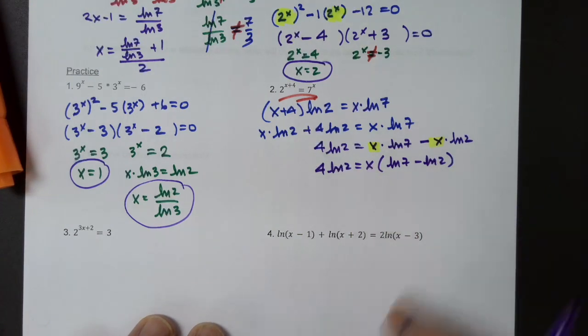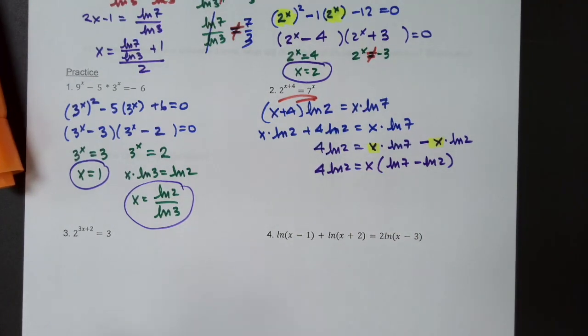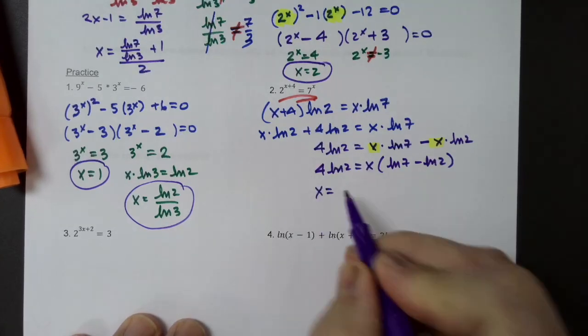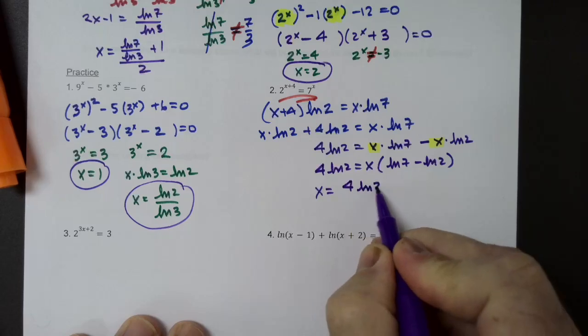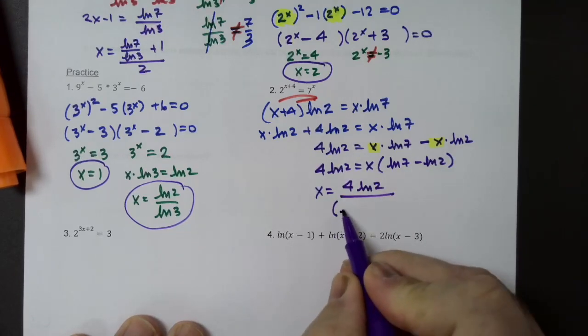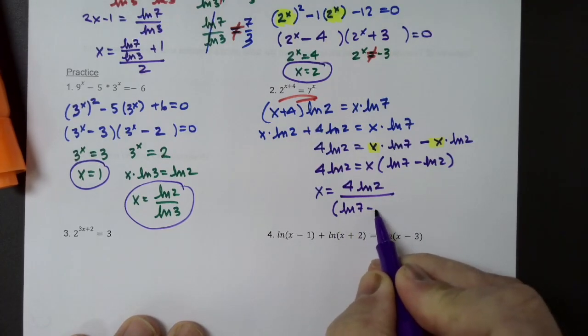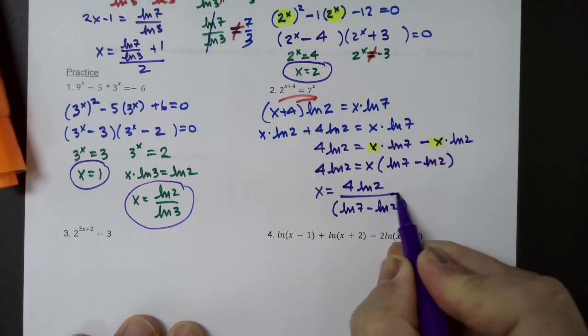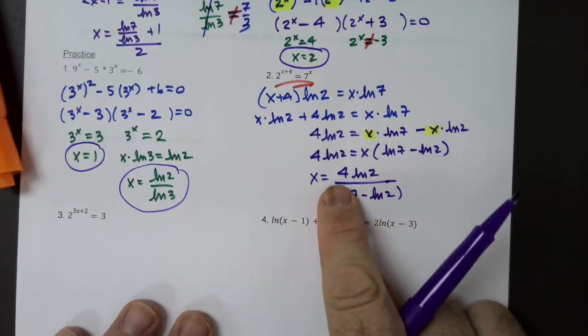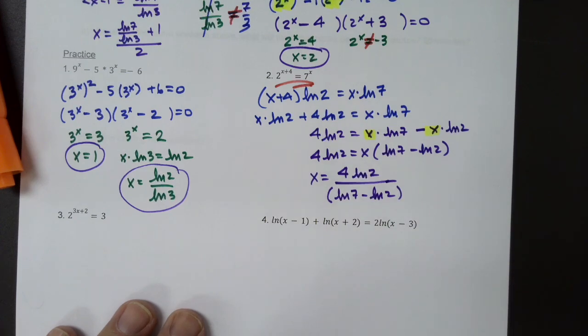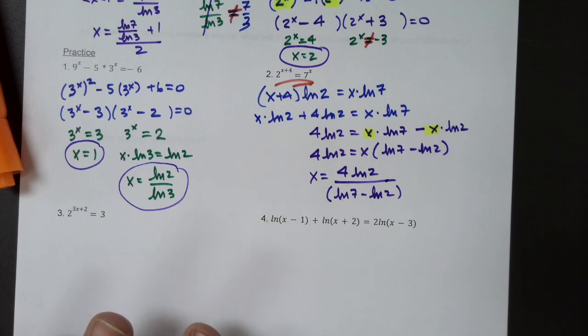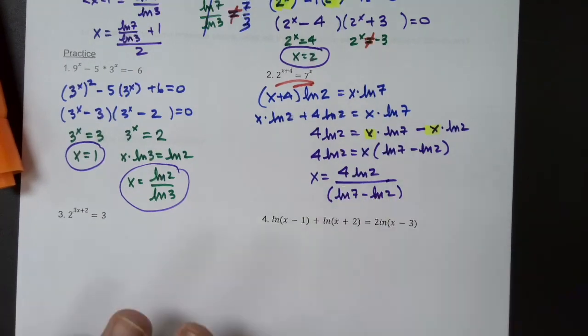Dividing both sides by this natural log of 7 minus the natural log of 2, and moving it around, we'll have x equals 4 times the natural log of 2 divided by the natural log of 7 minus the natural log of 2. And yes, we could take this 4 over here to the 2 and take 2 to the 4th power, and we could simplify in here if we wanted to. I'm just going to move on to the next one.